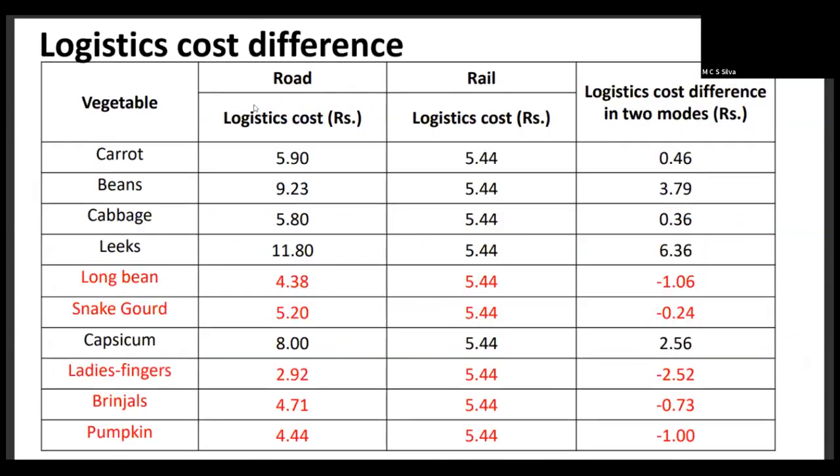So this is the logistic cost difference between two modes. As shown here, when you transport vegetables like carrot, beans, cabbage, leeks, and capsicum, it has a positive impact, whereas long beans, snake gourd, lady's fingers, brinjals, and pumpkins have a negative impact when it comes to logistic cost for the two modes.